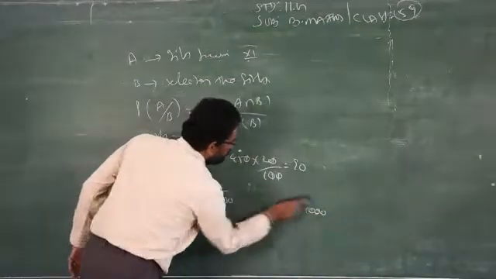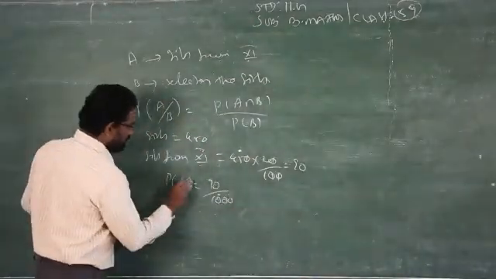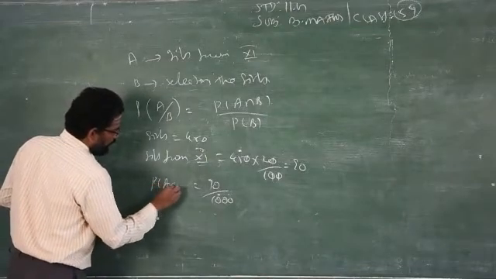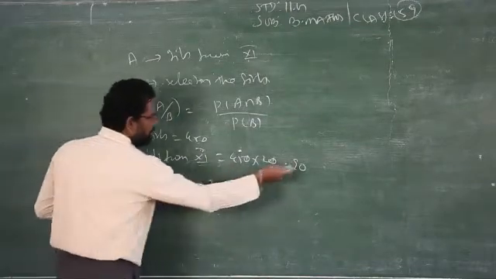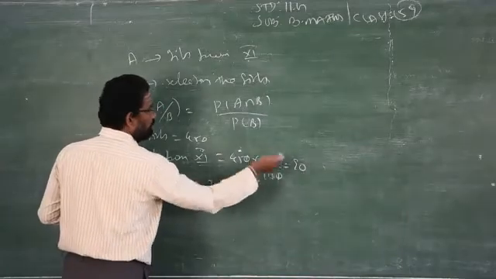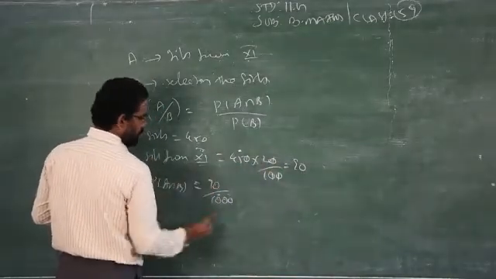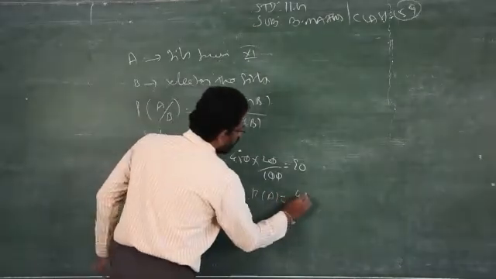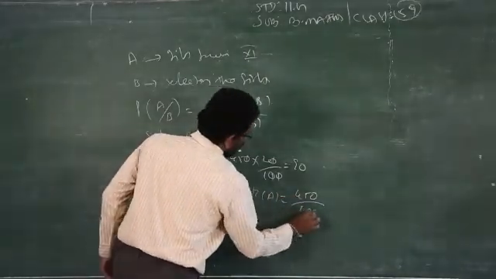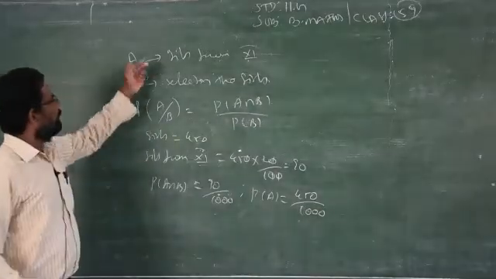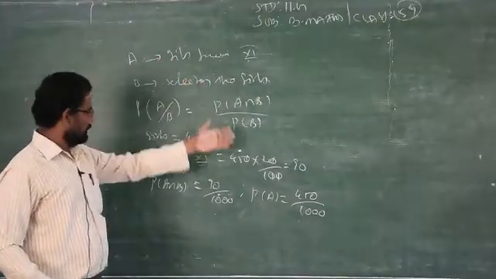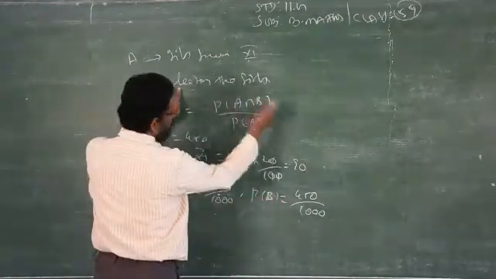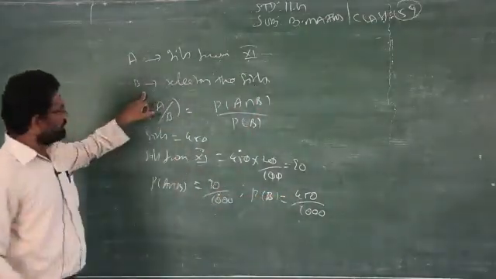The common between the 11th standard girls and the girls overall is P of A intersection B, which is 90, because 90 girls from 11th standard are common out of 450. Then P of B is 450 by 100000, selecting the girls, that is P of B. I consider B as selecting the girls.